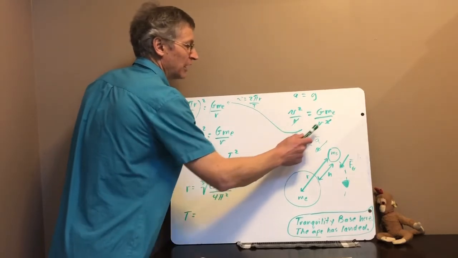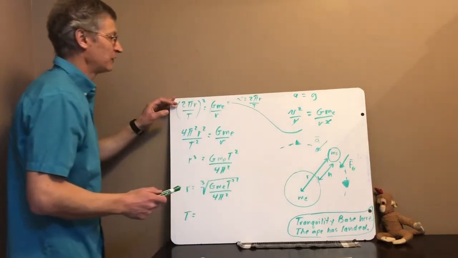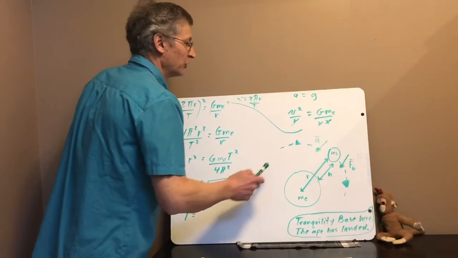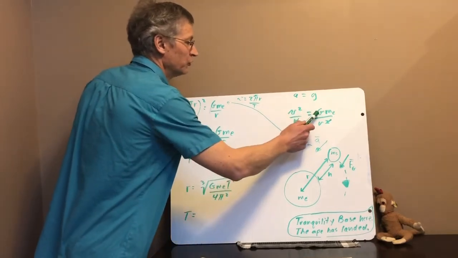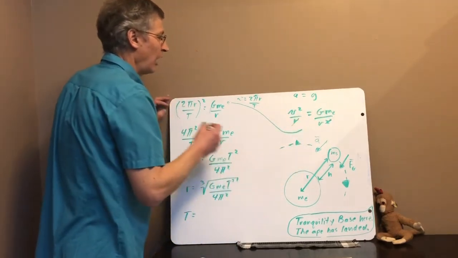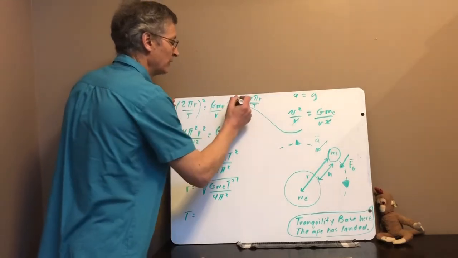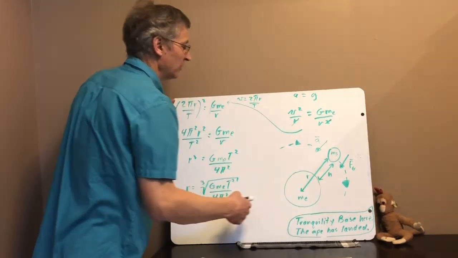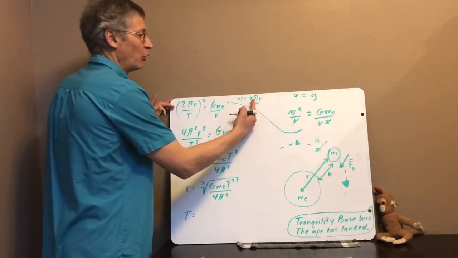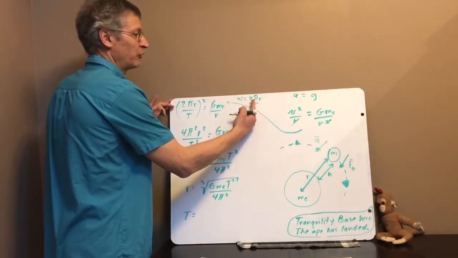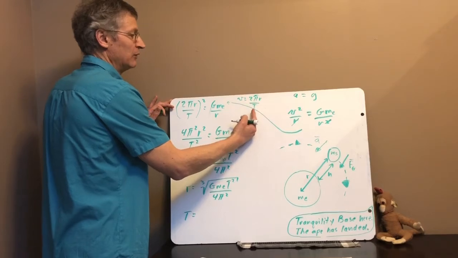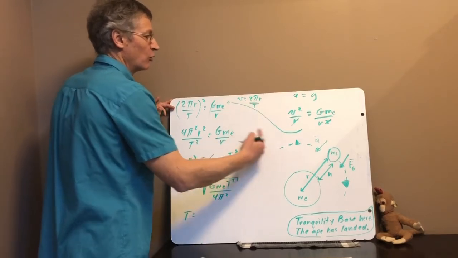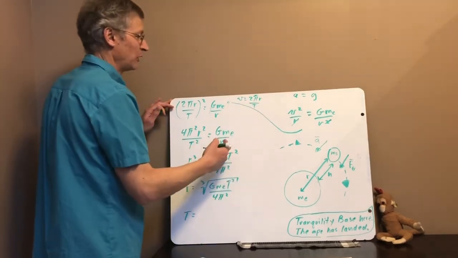An R on this side cancels with an R on that side. So what you're left with is v squared equals G M_E over R. Remember, the velocity of this thing as it's going around the circle is equal to how far it goes over the course of one revolution, the circumference of the circle, 2 pi r, divided by the time it takes to go around the circle once. So you make that substitution.